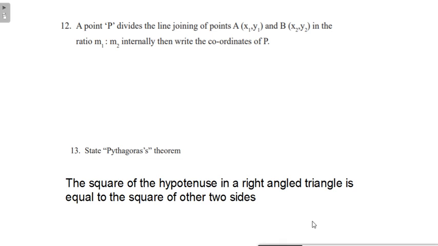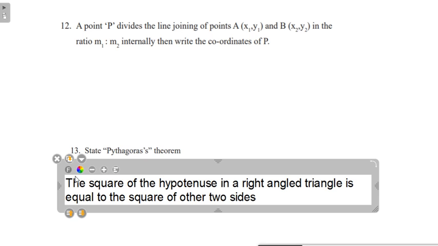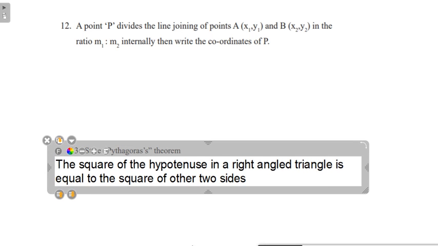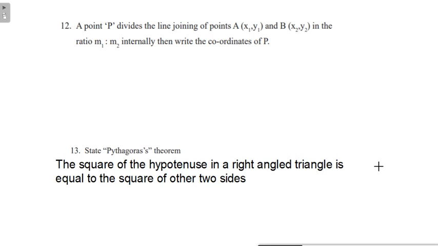Now you can draw one triangle to show. So draw one triangle here. And now you can name this. This is the hypotenuse, this is the base, and this is the perpendicular. You can name it also A, B, C. And always it should be a right angle triangle, right?